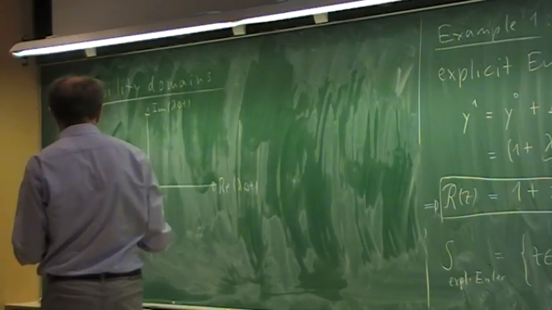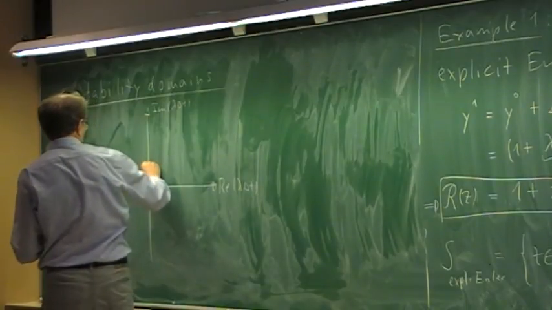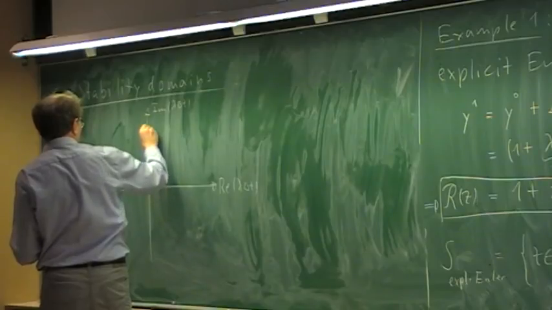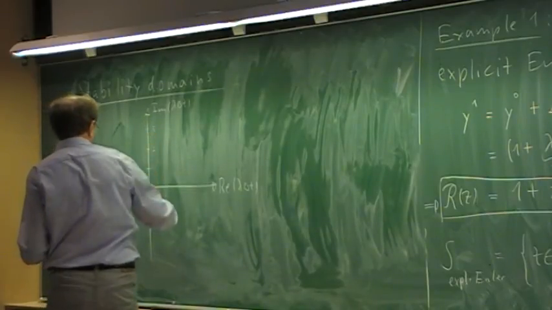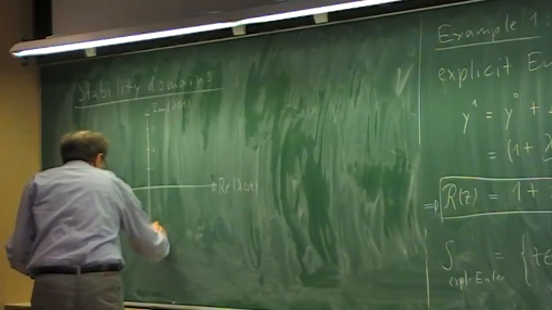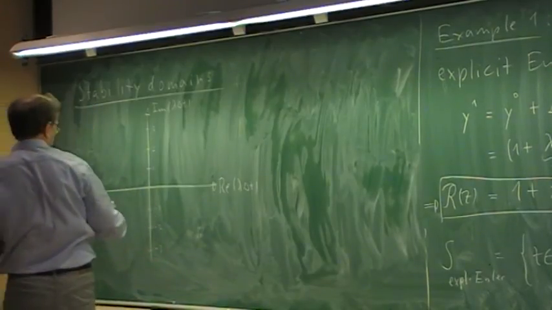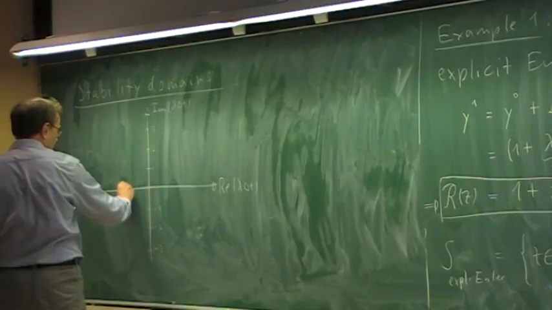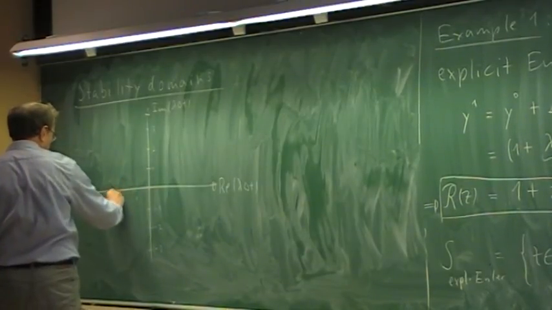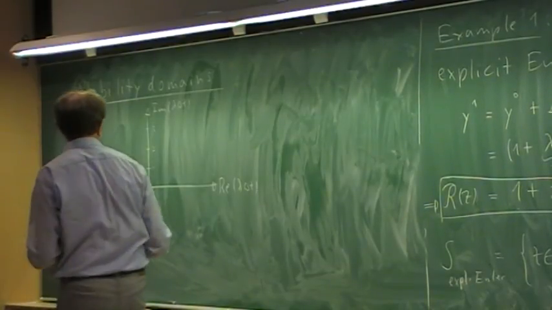This is again the origin: 1, 2, 3, minus 1, minus 2, minus 3, and on the left we go, if we could do it on scale, something like minus 1, minus 2, minus 3 roughly.